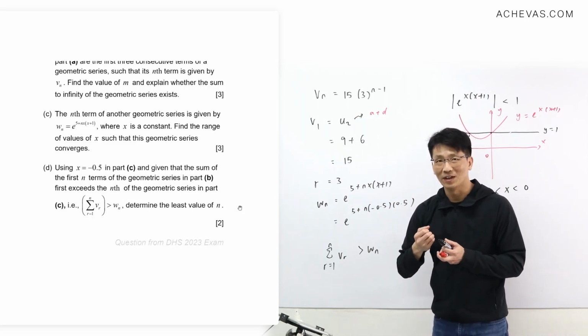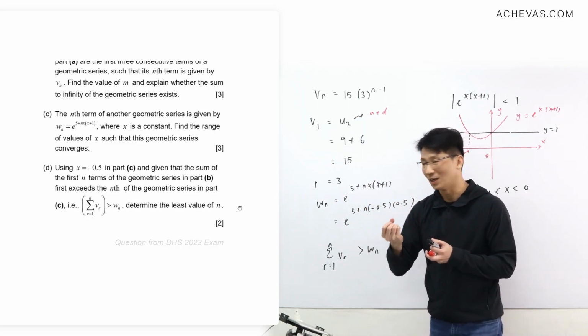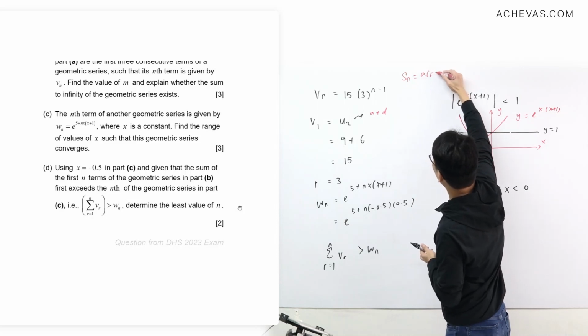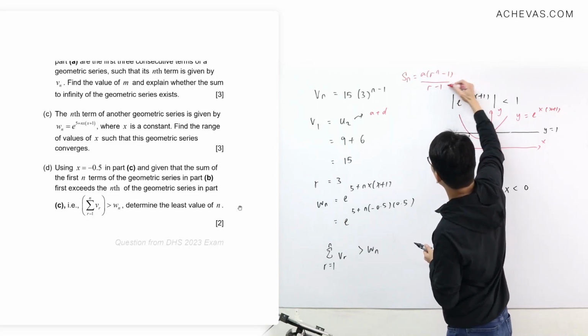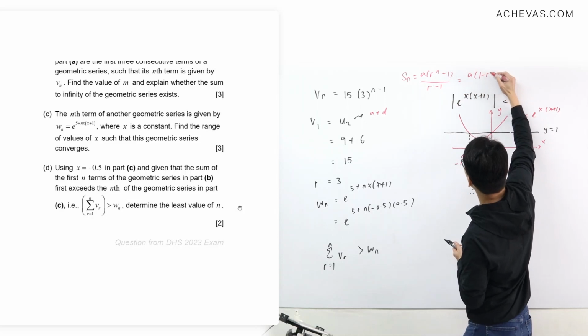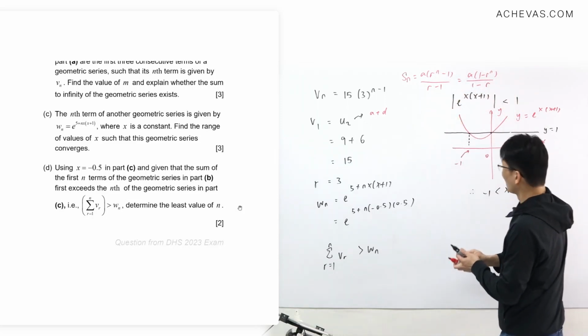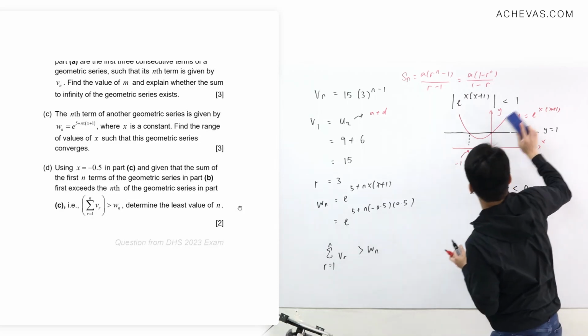The summation of Vr is just a summation of a GP. We can make use of the sum to n terms of a GP formula, which is Sn equal to a(r^n minus 1) over r minus 1. Or you can make use of the other form, it doesn't matter.